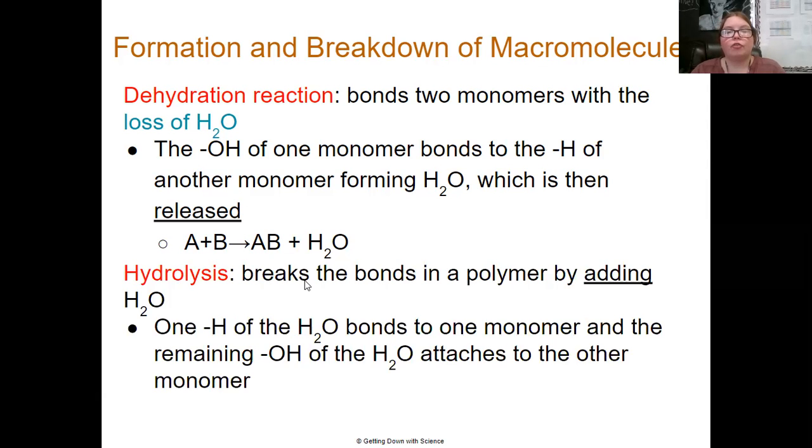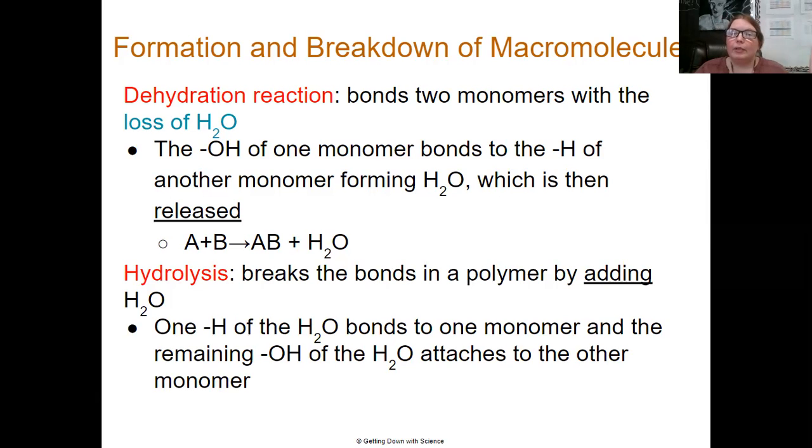And then we have hydrolysis, which breaks the bond in a polymer by adding H2O. You need to know the difference between these two types of reactions. Dehydration, I lost water. Hydrolysis, I break it apart. Hydro means water. Lysis means to break or split apart.